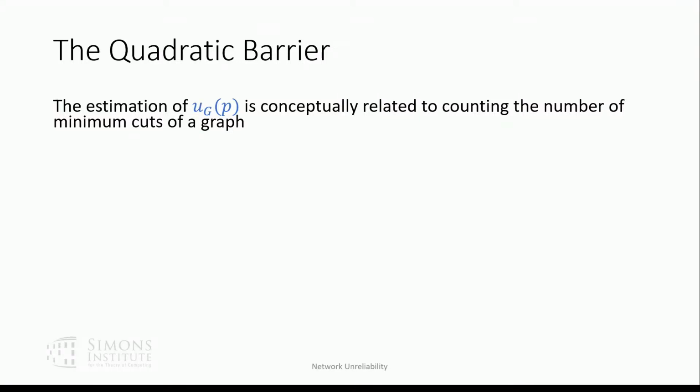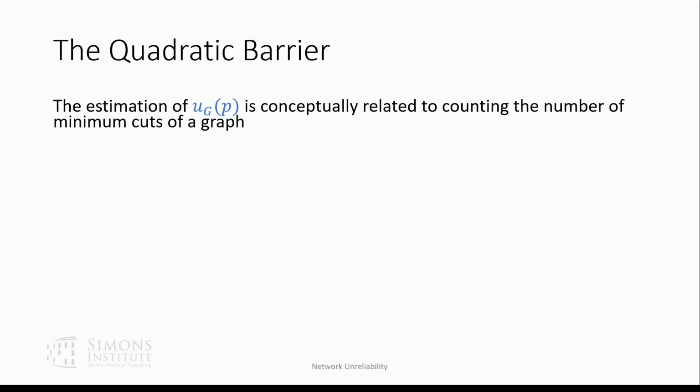In particular, wherever you truncate, it must include all your minimum cuts. That's the smallest value you have. So it seems like conceptually you really need to be able to count minimum cuts in order to estimate U in any reasonable approximation. So counting of minimum cuts is hidden inside this problem in a very deep conceptual manner.